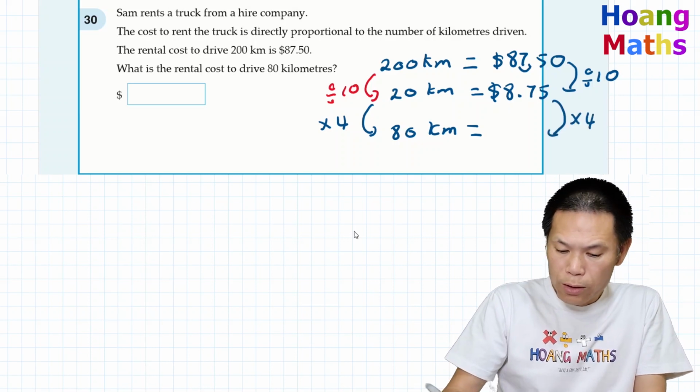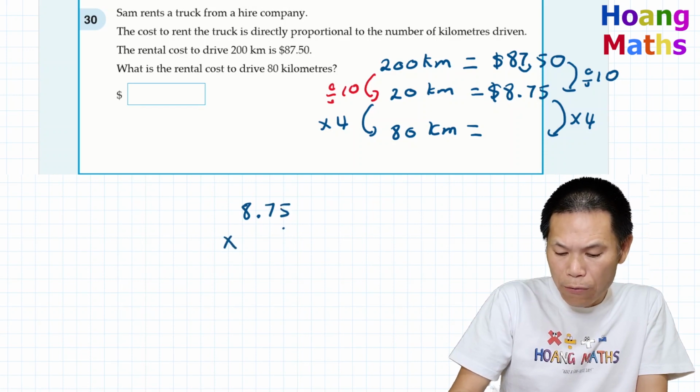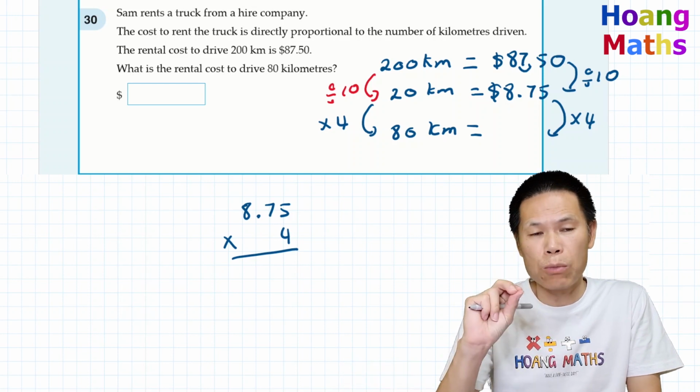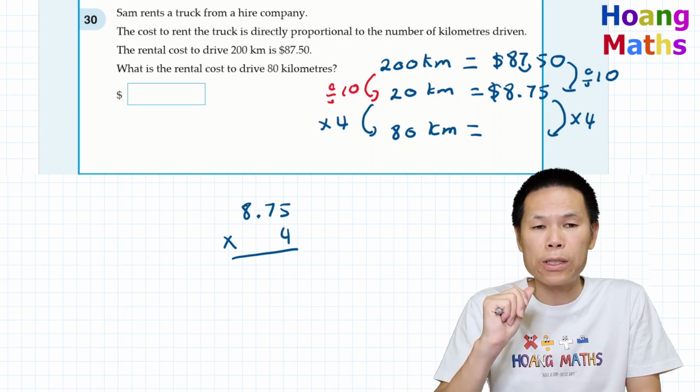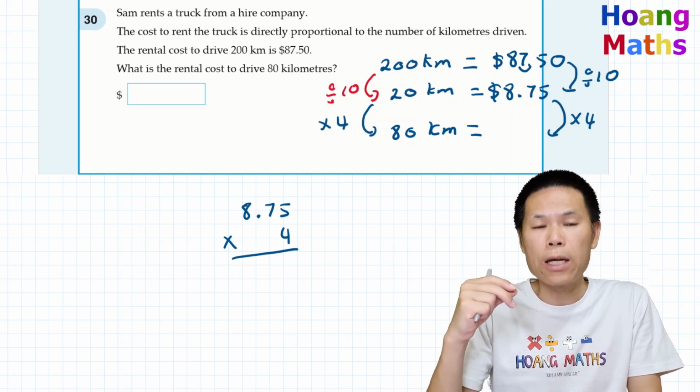So we go 8.75 times 4. When we multiply with a decimal point, we ignore the decimal, okay? We treat that as 875 times 4, and then we count the decimal point at the end.